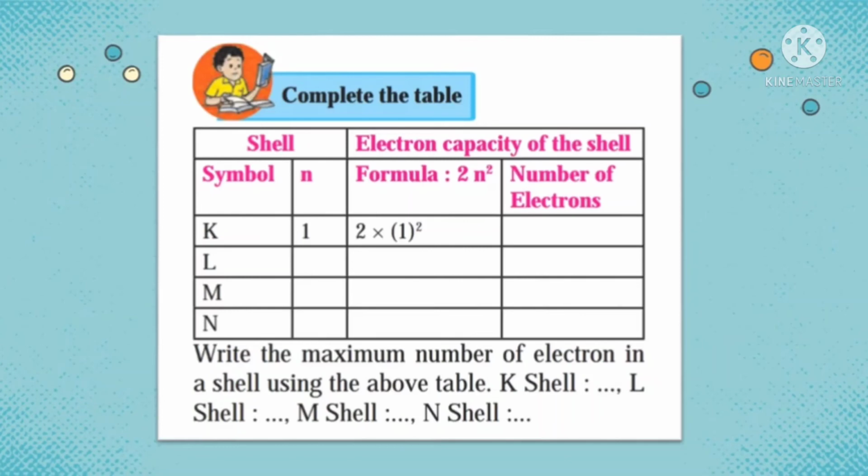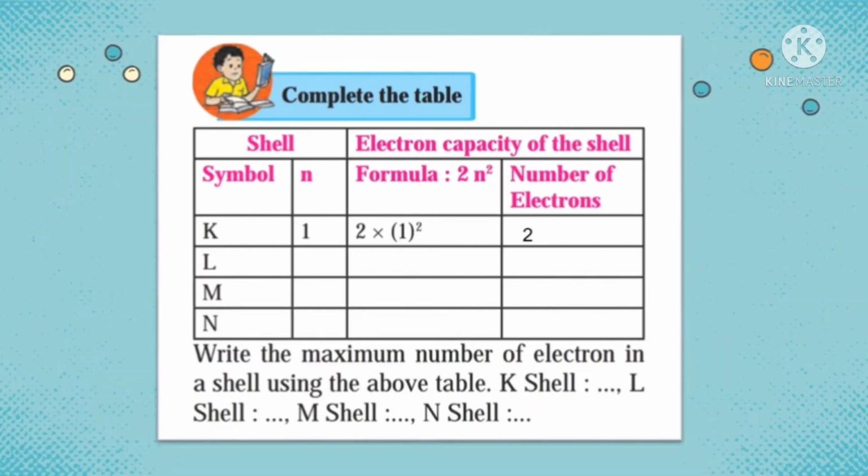Similarly we are going to find out the capacity of each shell by using the same formula. This number is showing the maximum number of electrons. As we are thinking about L, it has a number 2.